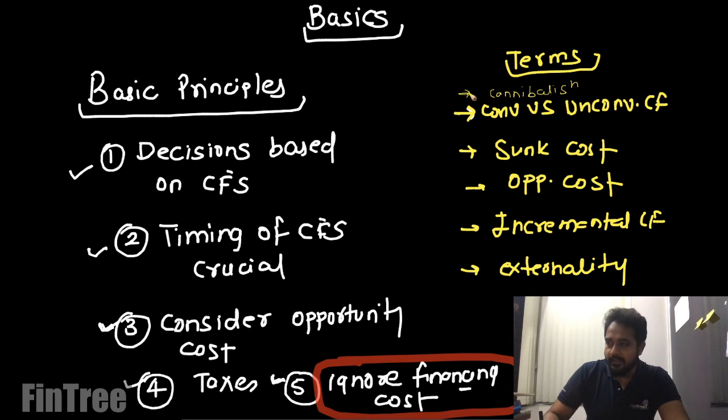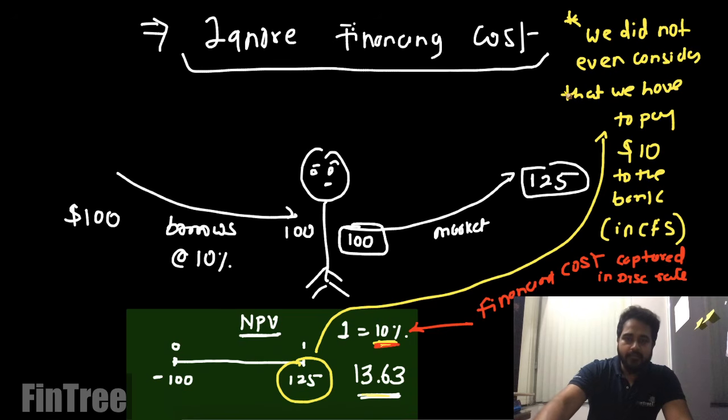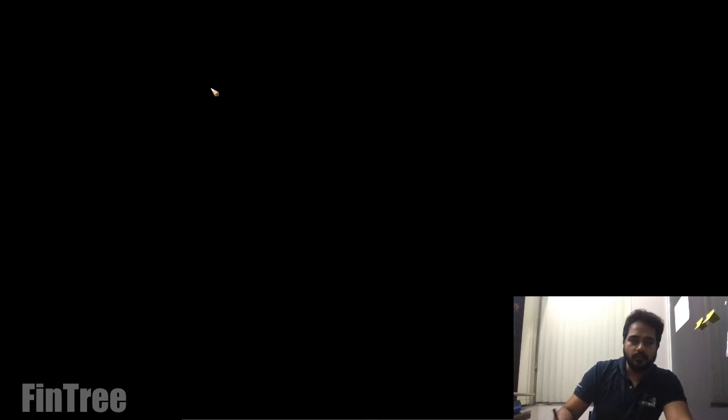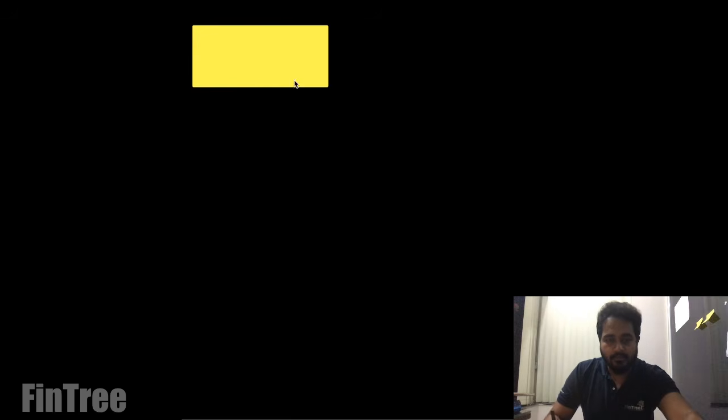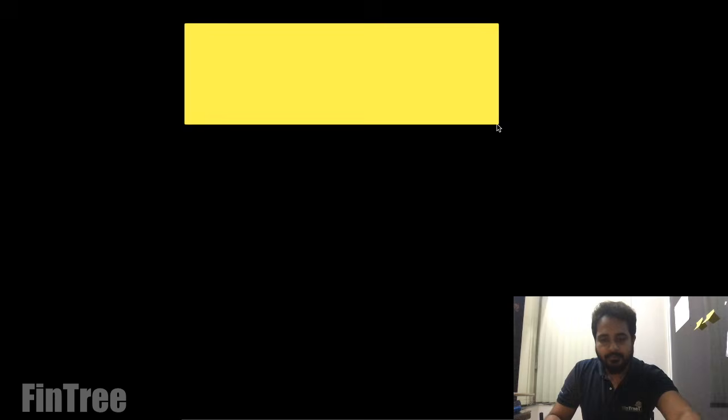The first term in my list, it might not be very clearly visible to you, so I'll just read it out for you. It says cannibalization. Every time you have to think of cannibalization, there is an example which is super useful. Some of you might have heard that example from me in the past. Let me write that here.